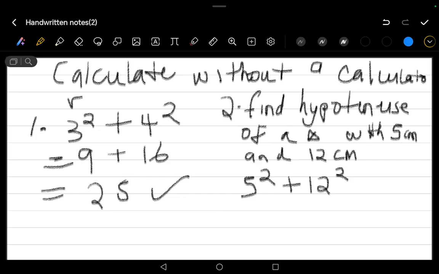How did you get the 18? Remember, we are calculating without a calculator. Okay, it's fine. It's just the hypotenuse. Remember, right? Okay, yeah, it's fine. It's 13 centimeters. Okay, our hypotenuse is 13 centimeters.